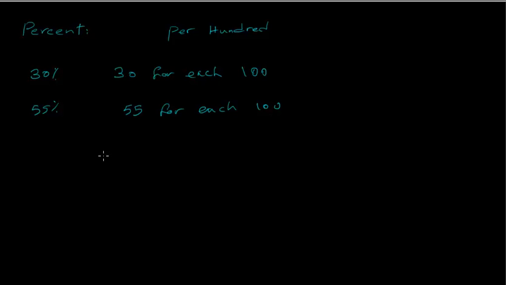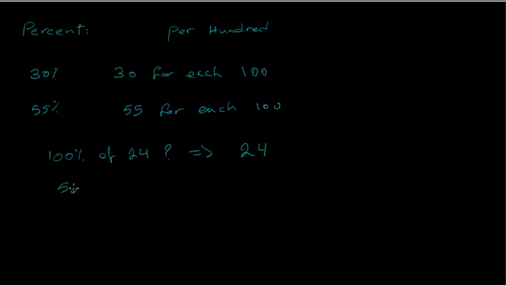If you say 100%, it means 100 for each 100, which is to say all. For instance, 100% of 24 is 24.